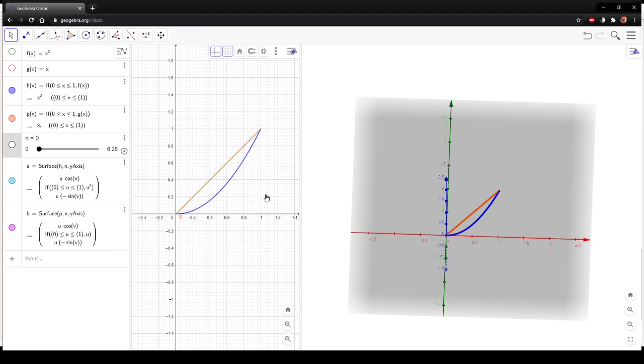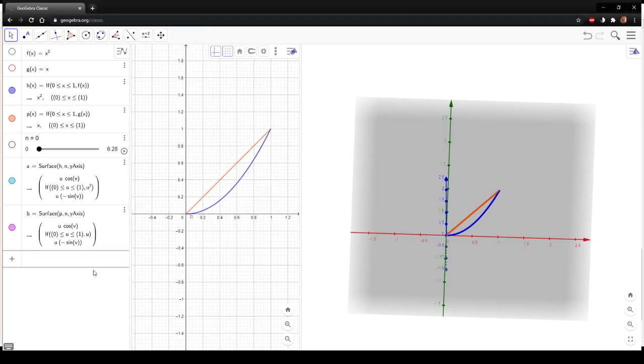So let's see what vertical slices look like. Yeah, so the variable of integration is going to be x. X ranges between 0 and 1. And they have to go between H and P. Like so.